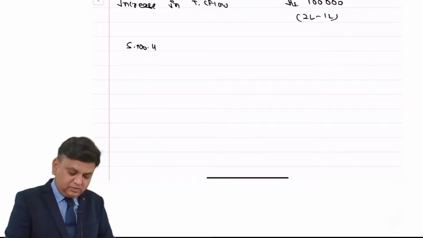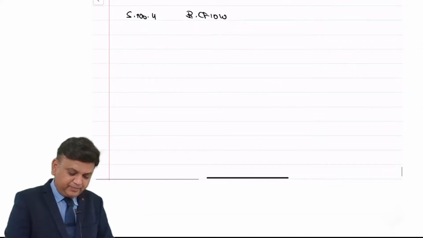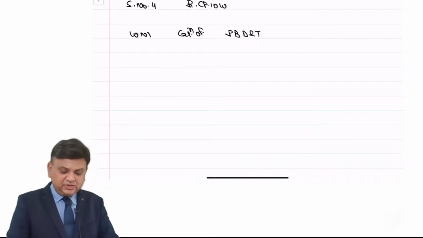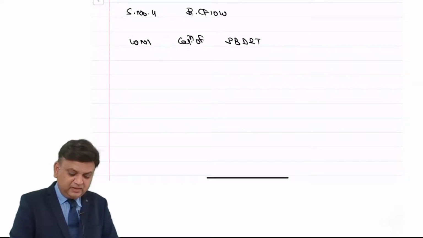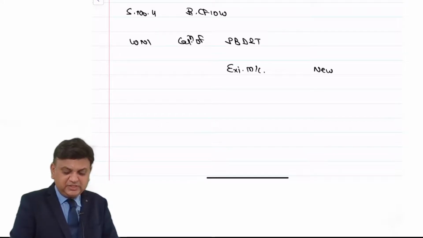Step number 4, recurring cash flow. In that, working note number 1, calculation of profit before depreciation and taxation. Dear students, my strong suggestion to all of you is that always prepare profit before depreciation and taxation for existing machinery and for new machinery separately.